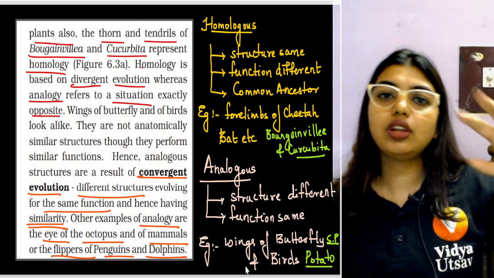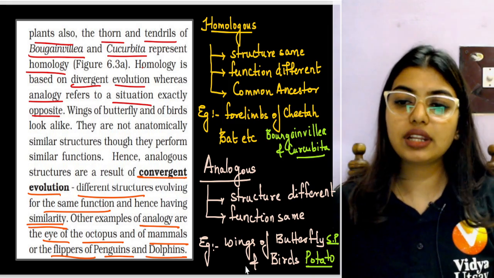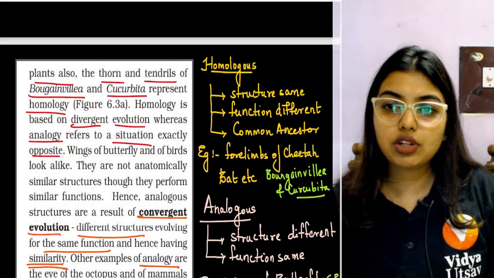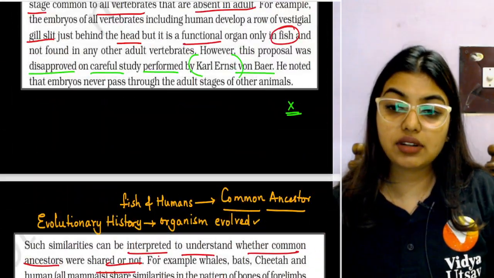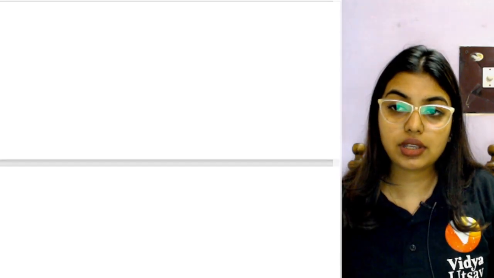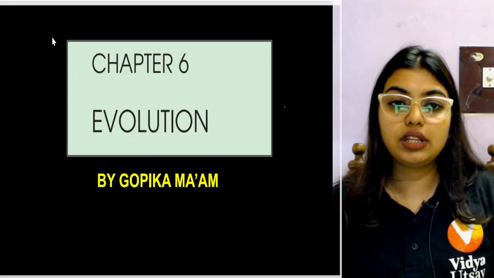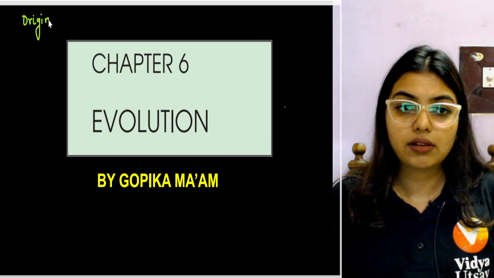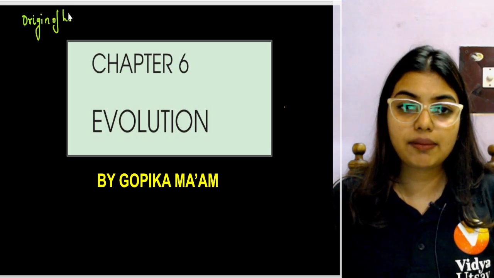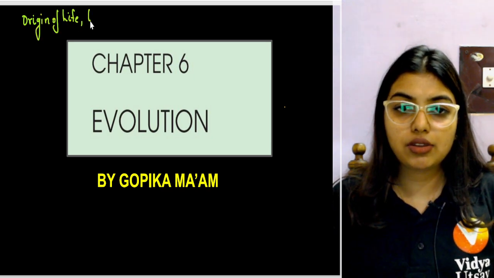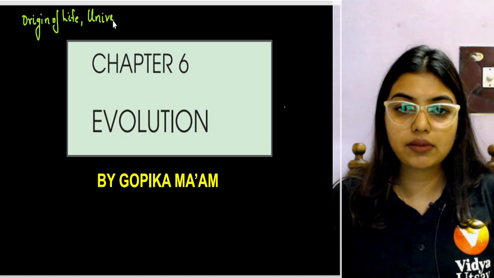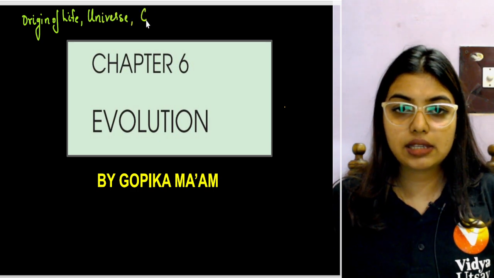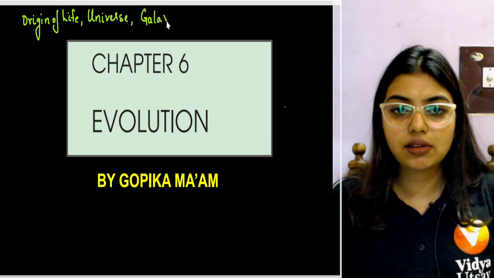So this is your evolution so far. The rest we will do later. What have we learned today, students? We have learned a lot. We learned about the origin of life: universe, galaxies, earth.